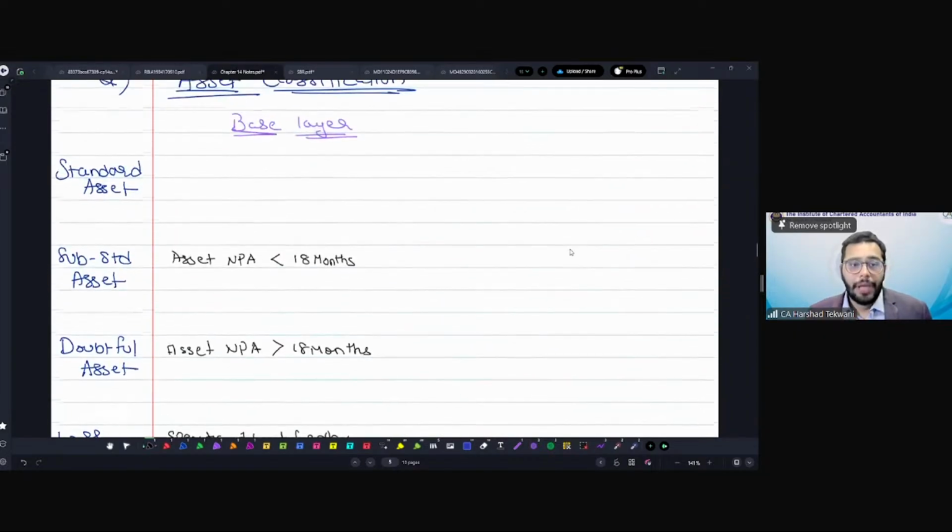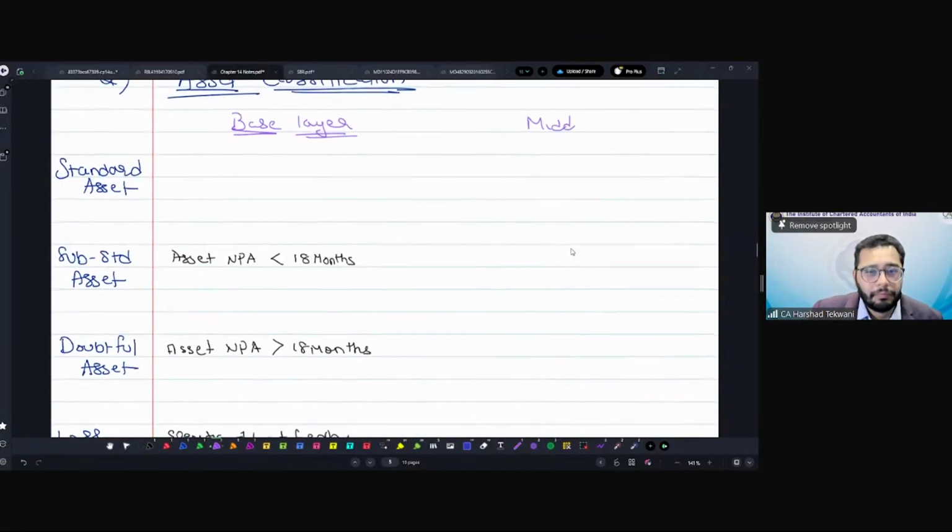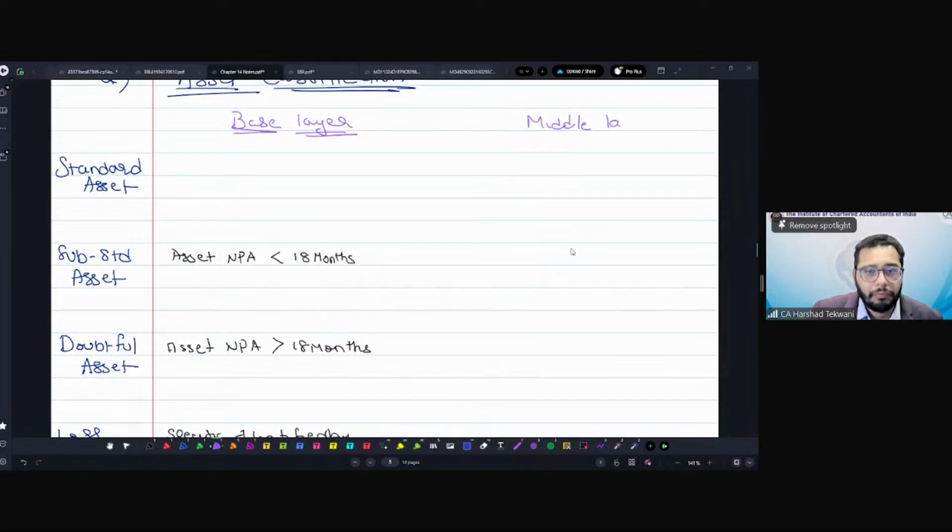Okay. Now that was for base layer. I'll come to the middle layer. Again, I will write something over here so that you guys can refer. NPA, then glide path. NPA, this is 90 days.